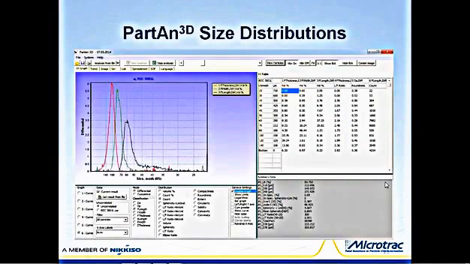Here is one of several results displays in the PartAn 3D mode software. Notice in the graph and table windows, top left and right, that not only are the length and width size dimensions displayed as they are in 2D analysis, but the distribution of thickness, the third major axis, is also reported.